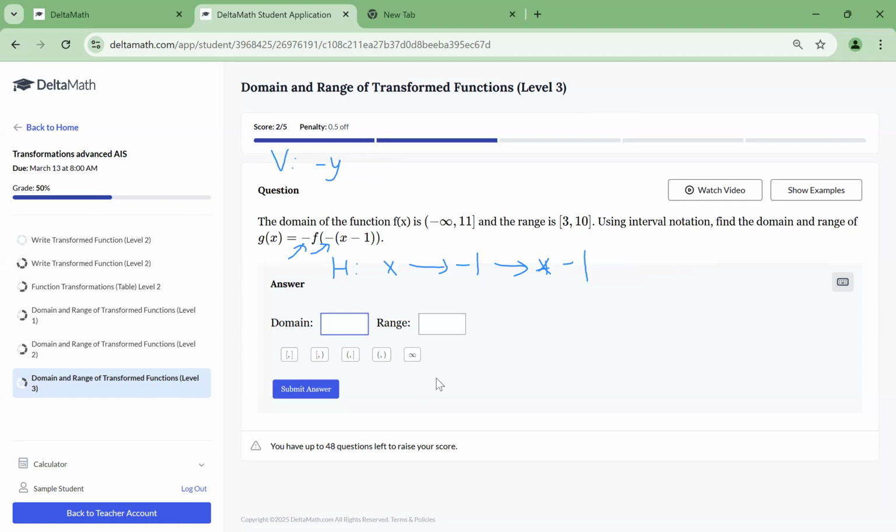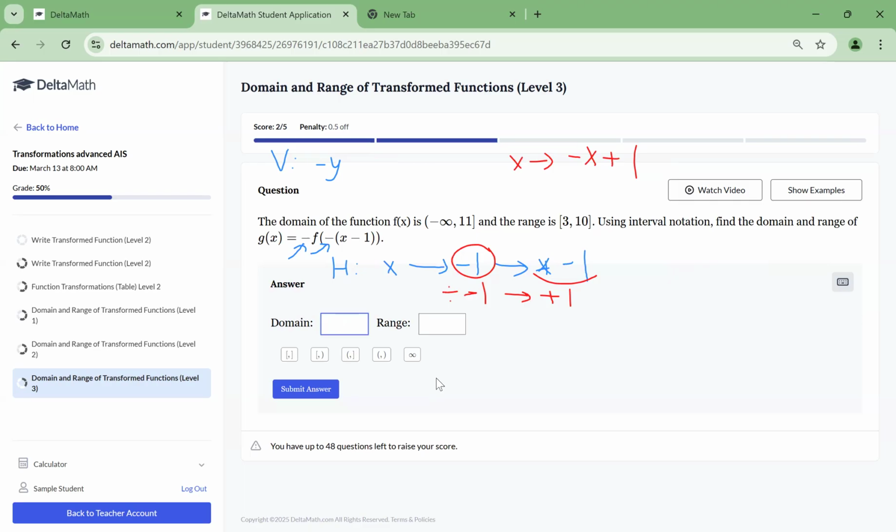So we're going to flip the order and the nature. So we'll start with this. Times -1 becomes divided by -1. And then this -1 becomes +1. So x will become minus x plus 1. Because dividing by -1 is just the same as multiplying by -1. You just get a negative x.